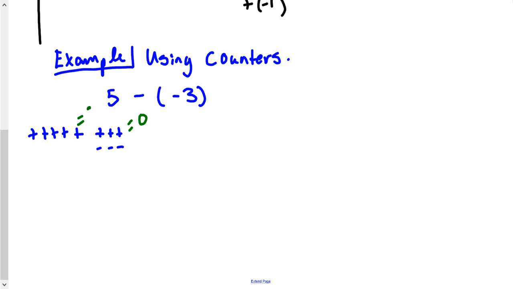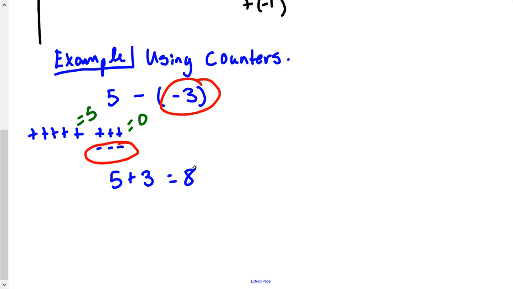And this equals 5. So then if I want to take away 3 bad things, I'm going to take away these 3. So this really just says, what is 5 plus 3? Well, it's 8. Because once we get rid of this takeaway, this equals 3.